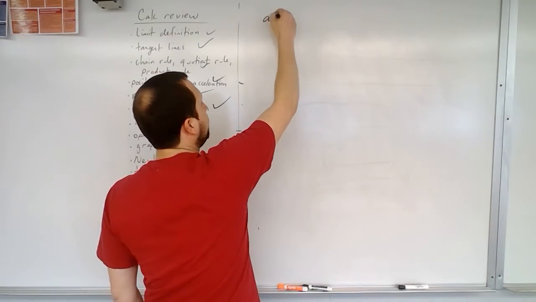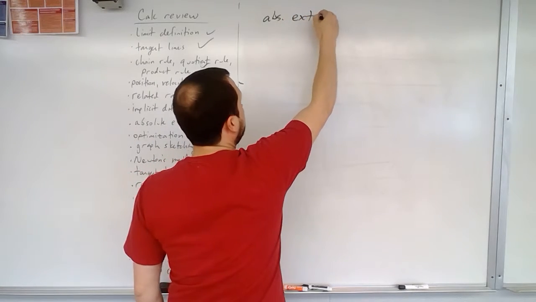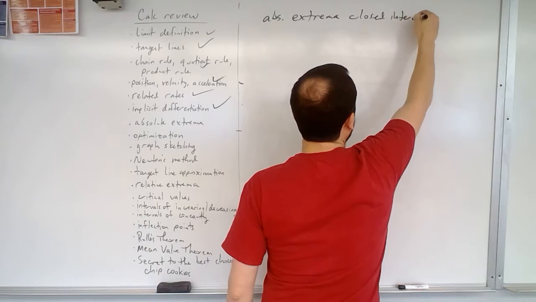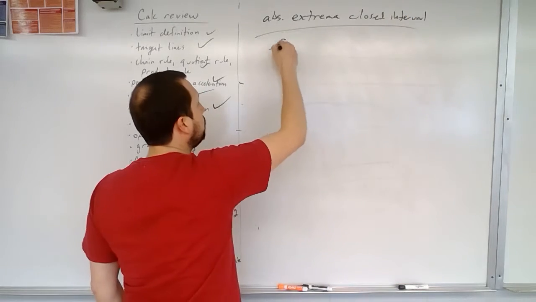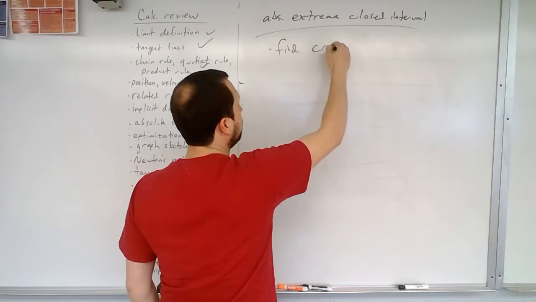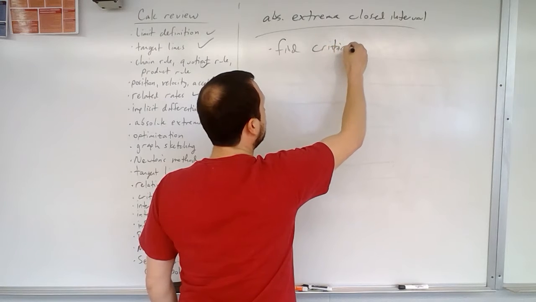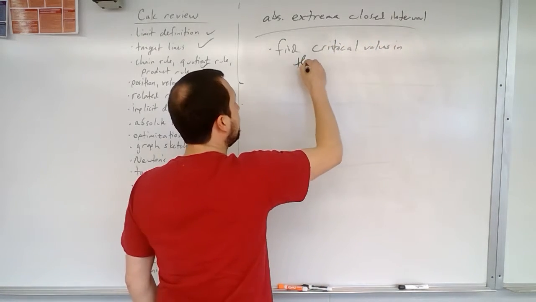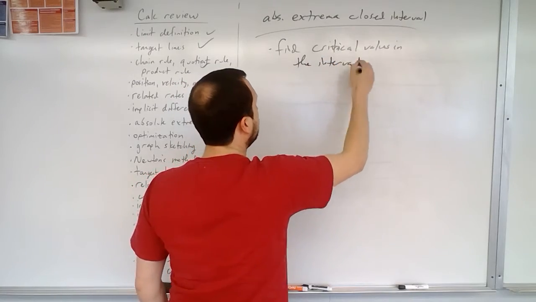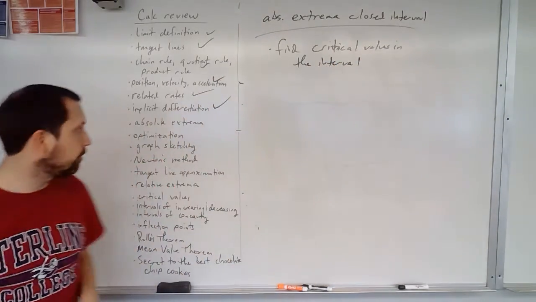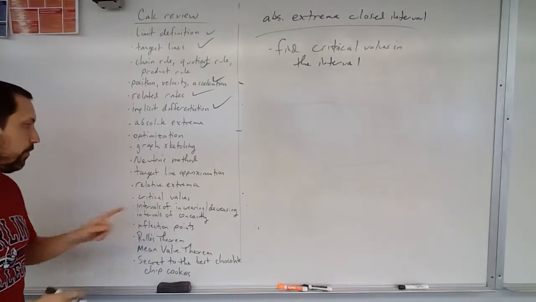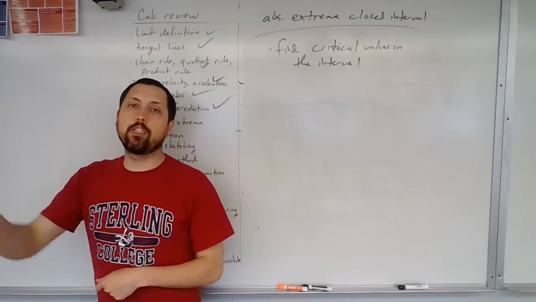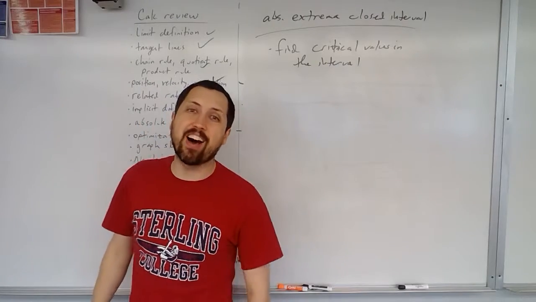So if we want the absolute extrema on a closed interval, what we need to do is we need to find the critical values in the interval. So critical values, we can skip ahead and say, what if we look at critical values? What are these? These are going to be places where the derivative equals 0 or the derivative is undefined.